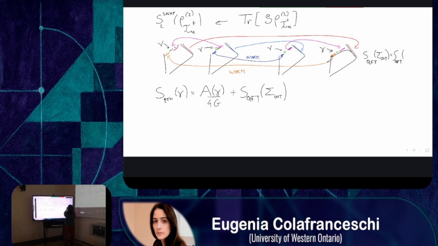So I have the quantum field theory of the island union the region on Scri plus we are looking at. So this is the area of gamma over 4G plus the von Neumann entropy for the quantum field theory on the island union the region Scri plus.